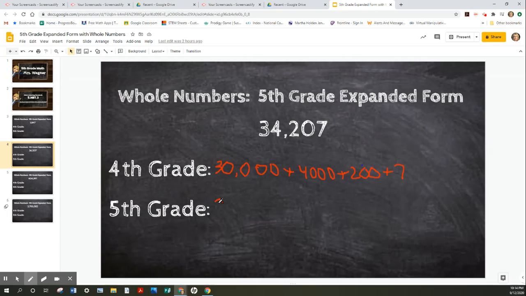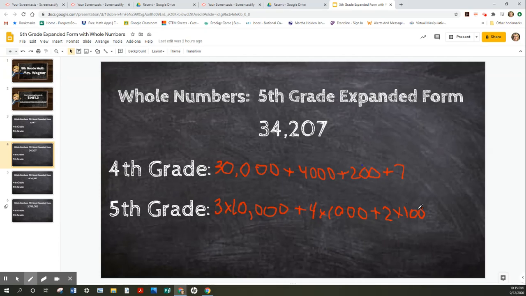This 3 is in the 10,000s place. So it's 3 times 10,000 plus the 4 is in the thousands place, 4 times 1,000 plus, or added to, we have a 2 in the hundreds place.